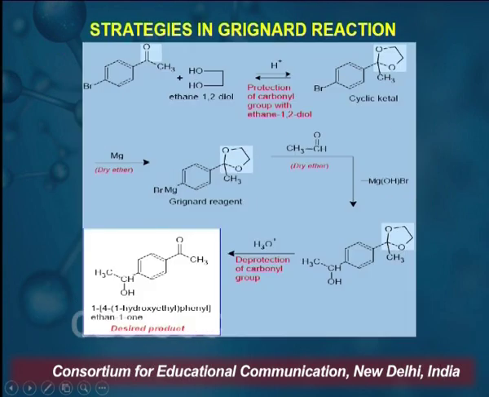So, the synthetic strategy involves, in the starting material, ethane-1,2-diol, which is a protecting group for the carbonyl compound. In the presence of acid, it protects the carbonyl group, in this case the ketonic group, and a cyclic ketal ring is formed.